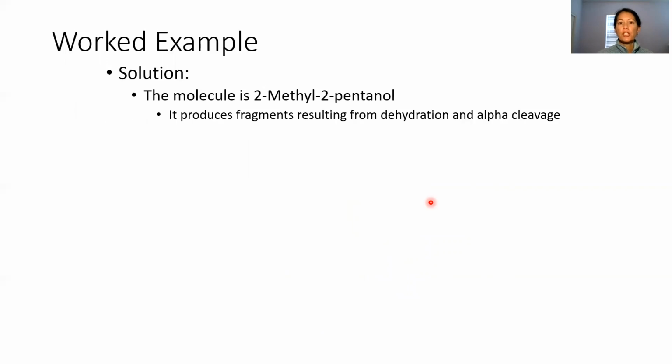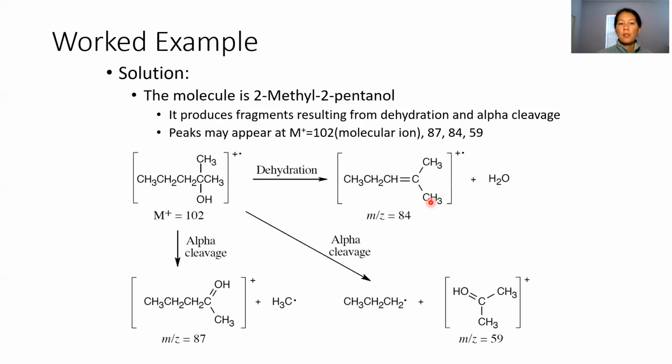Okay, so here's our solution. This is 2-methyl-2-pentanol, and you can have 2 main fragmentations resulting from a dehydration, removing water, and alpha cleavage. And your alpha cleavage you can do involving 2 different groups. So first of all, this is your parent, M plus is 102.